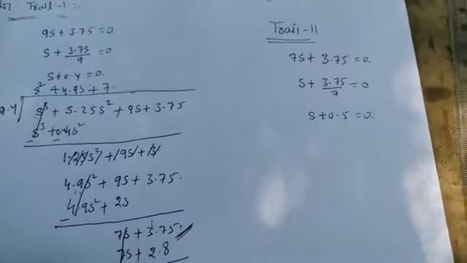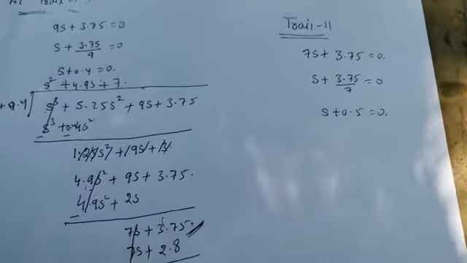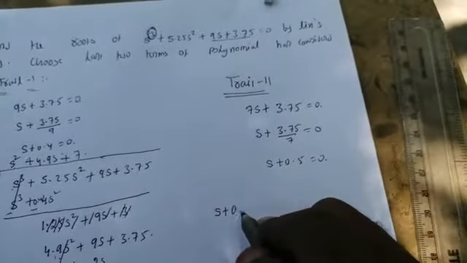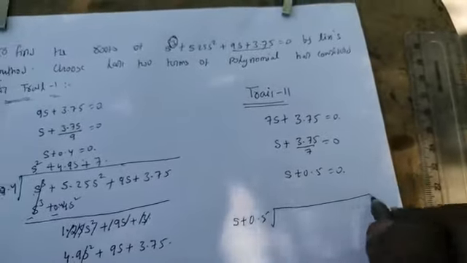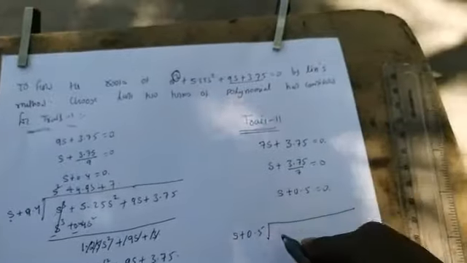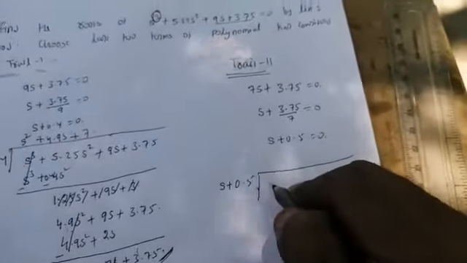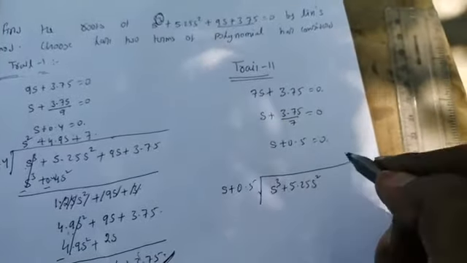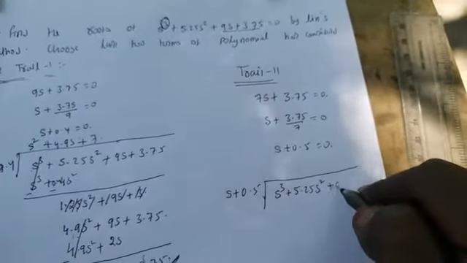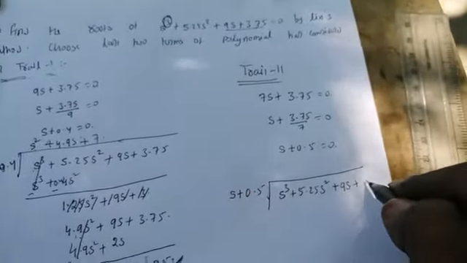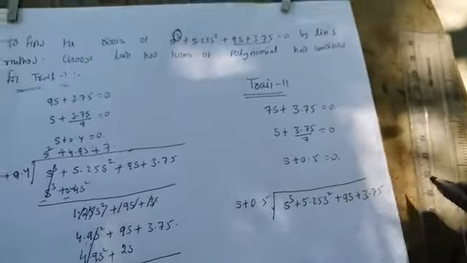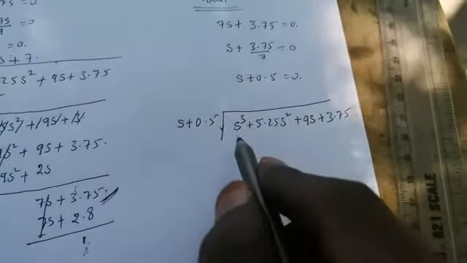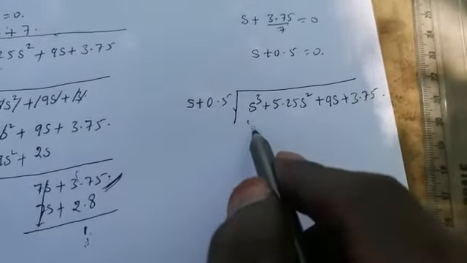Now again, what we did in trial 1, the same thing we have to do here. So s plus 0.5 divides s cubed plus 5.25 s square plus 9s plus 3.75. First we have to eliminate the s cubed term. How can we eliminate s cubed?